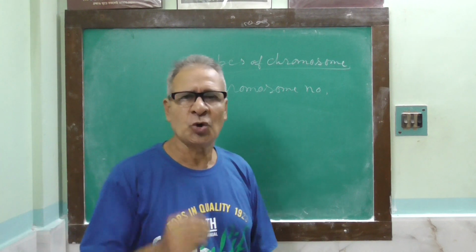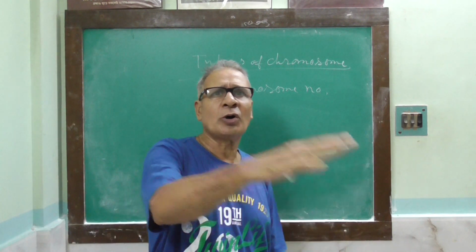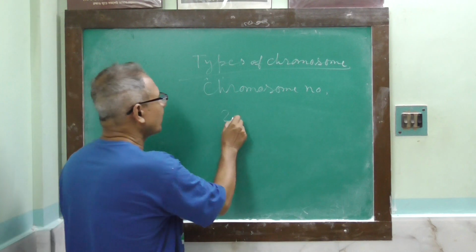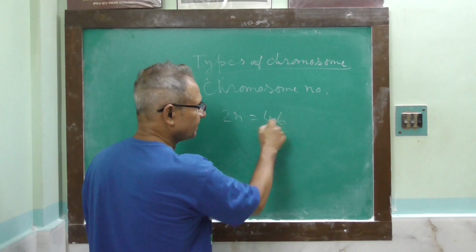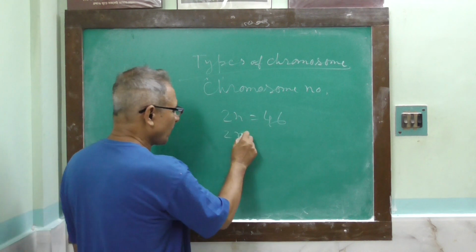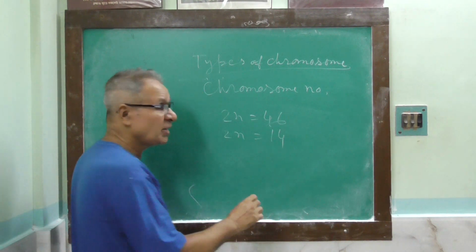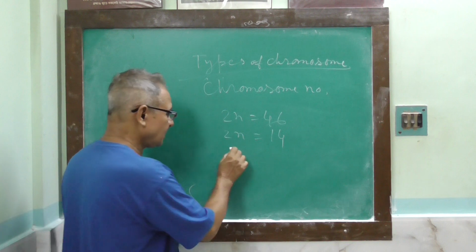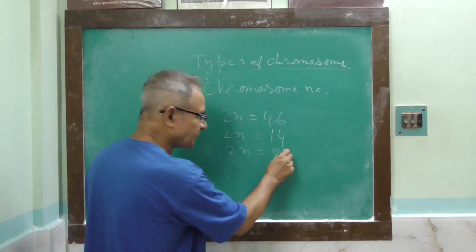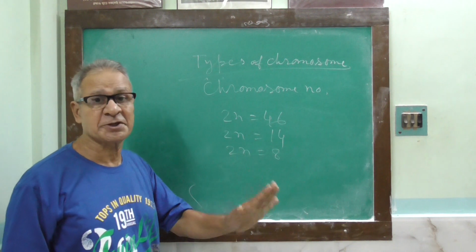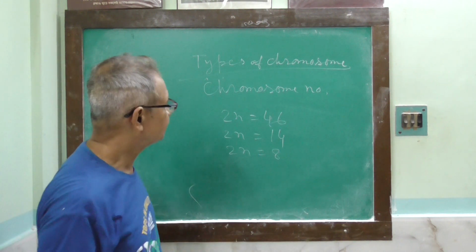For example, in the human body, that is all human beings, the chromosome number 2n equals 46. In a pea plant, 2n equals 40. In Drosophila, a type of fruit fly, 2n equals 8, and so on. It is the species-specific chromosome number.